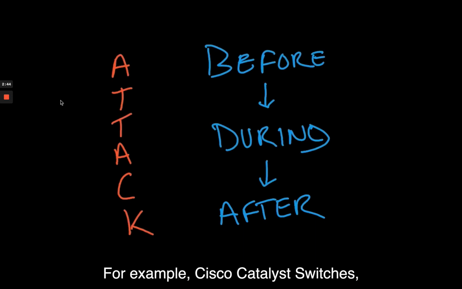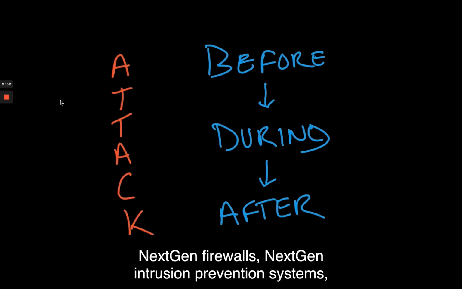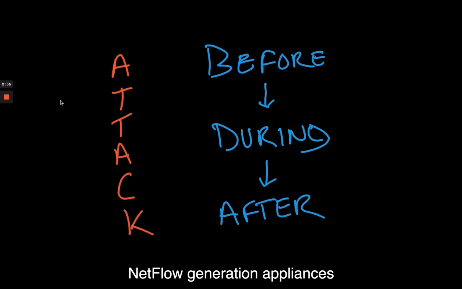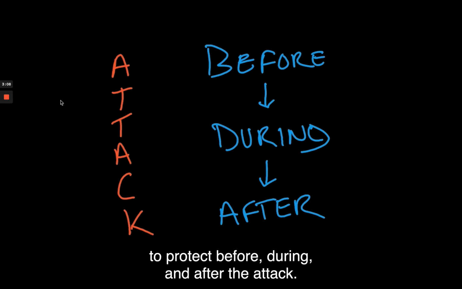For example, Cisco Catalyst switches, data center switches, ASR routers, integrated services routers, next-gen firewalls, next-gen intrusion prevention systems, Netflow generation appliances such as StealthWatch, flow sensors, and advanced malware protection all work in conjunction with the Cisco application-centric infrastructure to protect before, during, and after the attack.